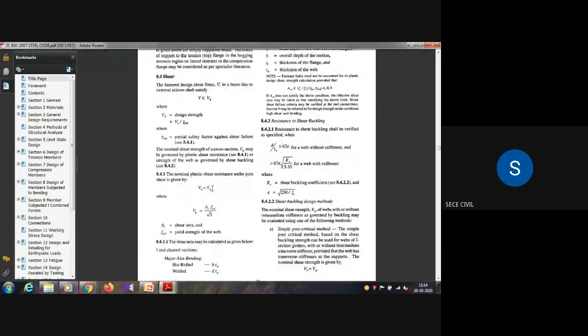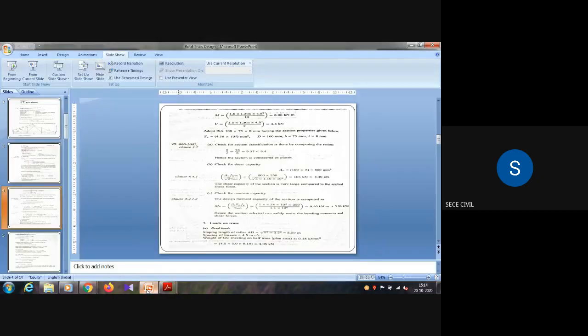Vn is equal to Vp, where Vp is equal to Av into fyw by root 3. Vd is the design strength, equal to Vn by gamma m0. This formula is from the IS 800 2007 code: Av into fyw divided by root 3 into gamma m0.